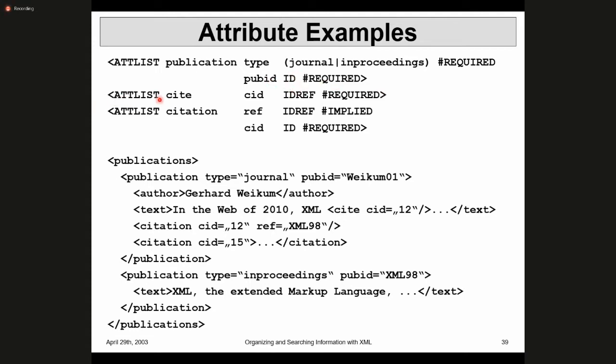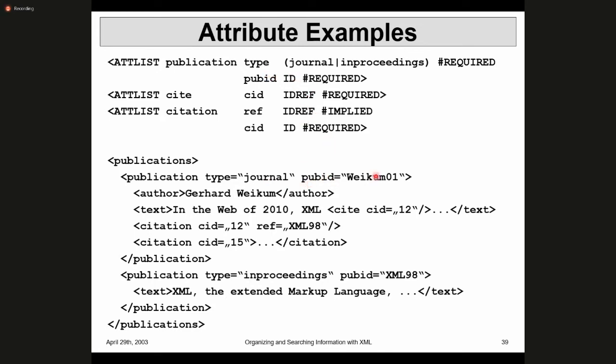The attribute siteID is an IDREF, and it is again required. So publication has a type, either journal or in proceedings. Here it is journal, and the publication ID is unique.